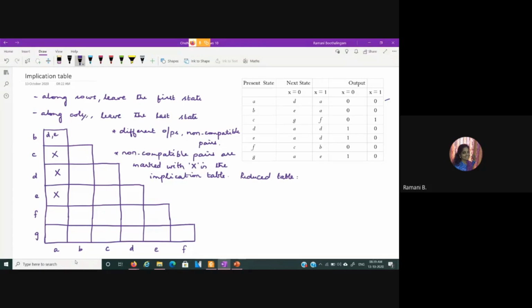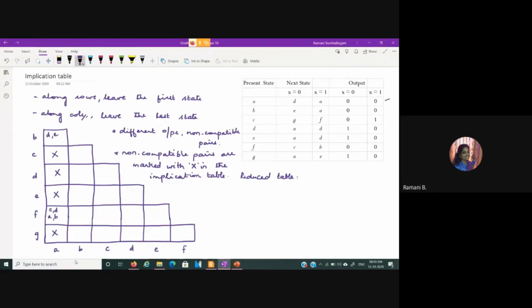For x equal to 0, you have D, and with F you are having C. And for x equal to 1, we have A and B. So you need to note that C comma D and A comma B. Let us denote both the pairs. Then with A and G, the outputs are different. So this is not compatible. We have finished comparing A with the rest of the states.